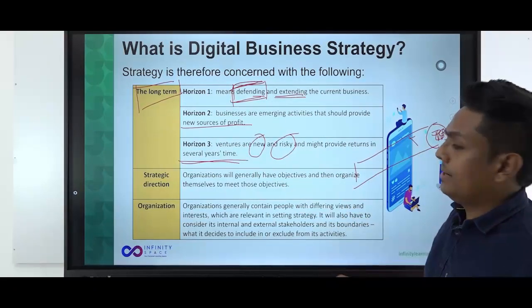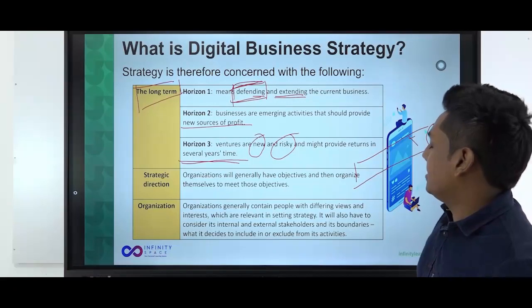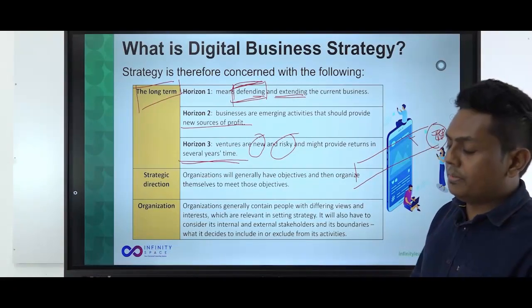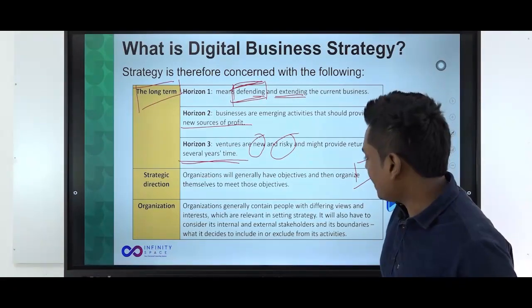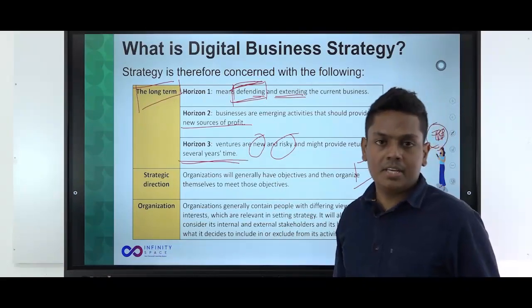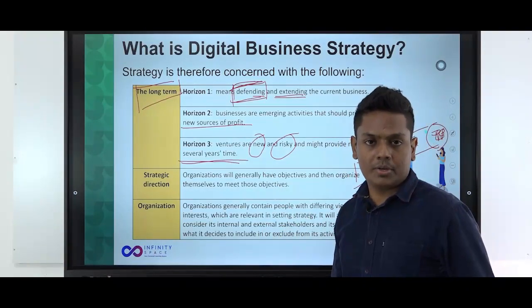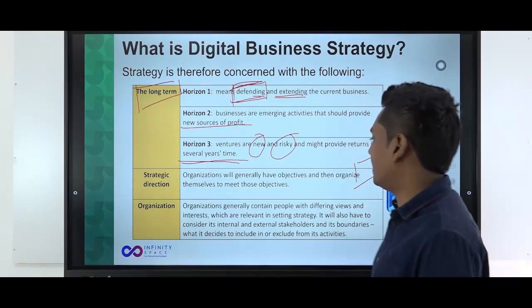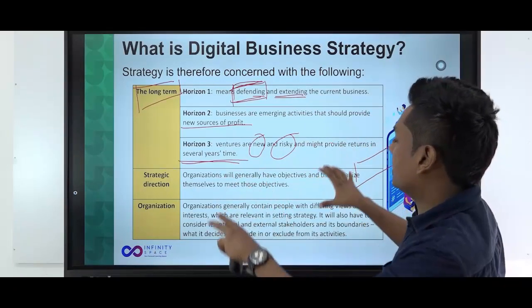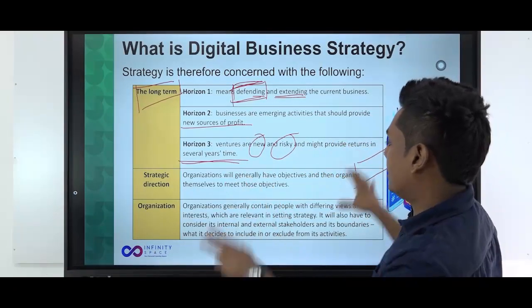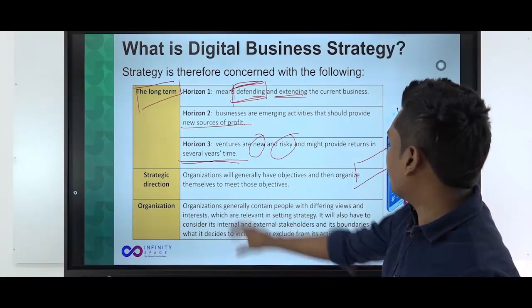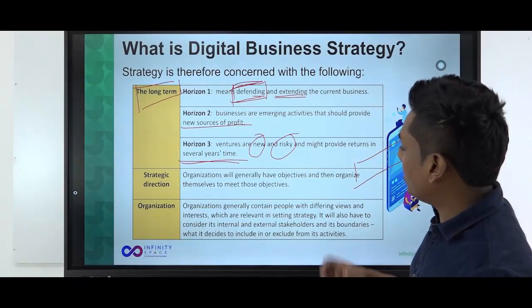That will be discussed in the strategic plan, how they are going to eliminate those barriers and how the ultimate objectives can be met. Okay, I hope you get what I'm talking about, these long-term characteristics and the strategic direction of the organization.